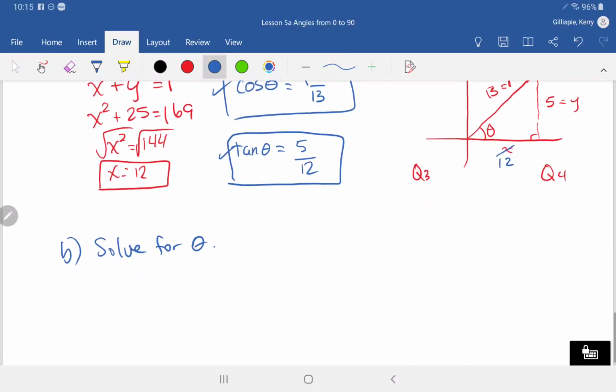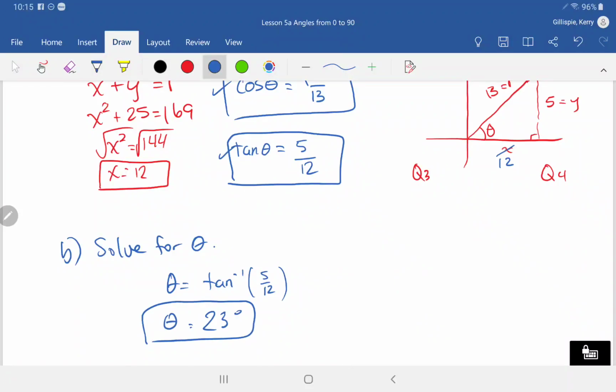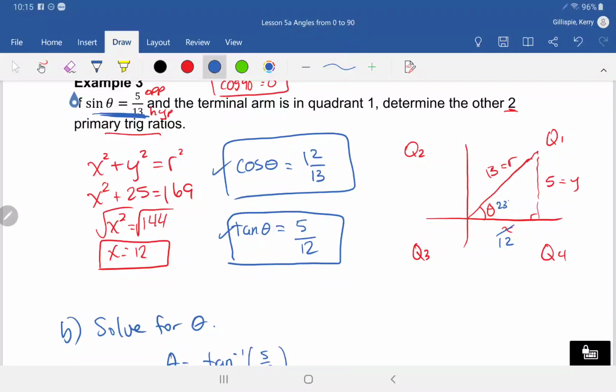So I have tan right there, so let's do that one. Tan inverse of 5/12. 23 degrees when you round it to a whole angle. So that's a 23-degree angle.